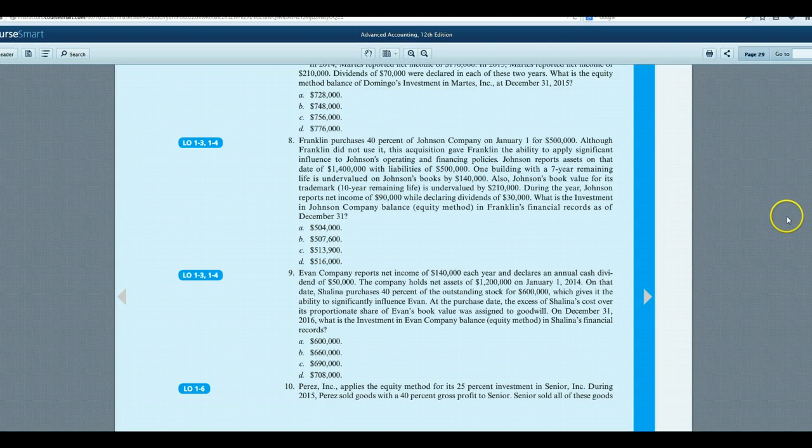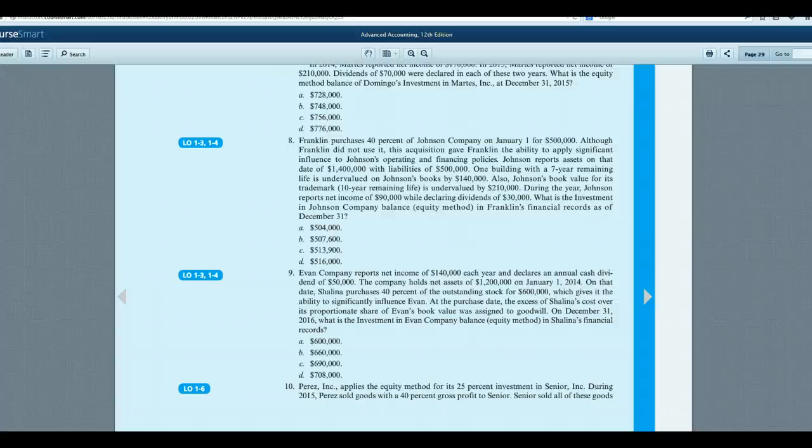So number 9: Evan Company reports net income of $140,000 each year and declares an annual cash dividend of $50,000. The company holds net assets of $1,200,000 on January 1st. On that date, Shalina purchases 40% of the outstanding stock for $600,000, which gives it the ability to significantly influence Evan.